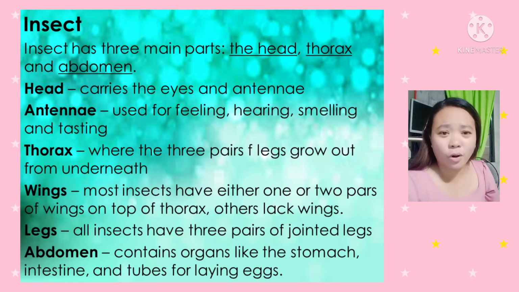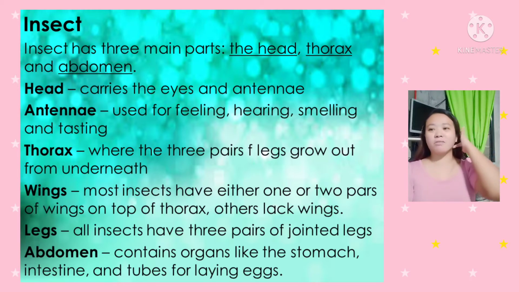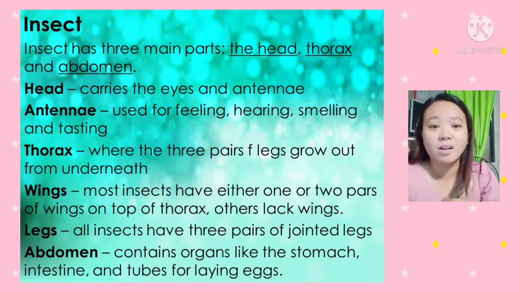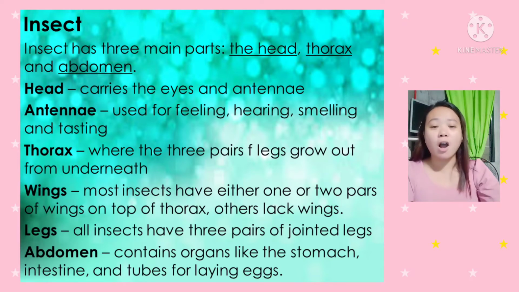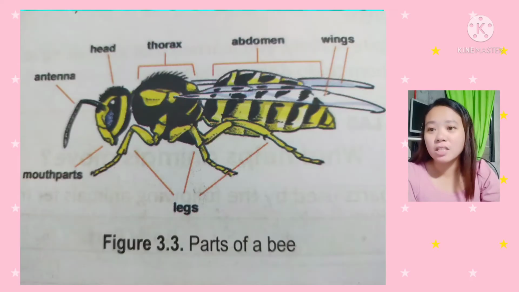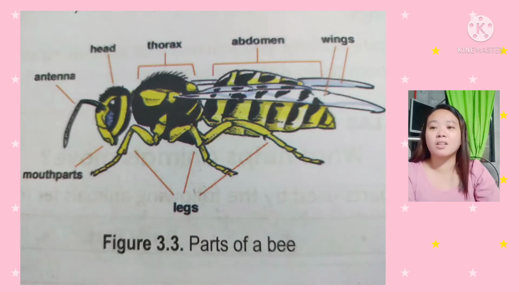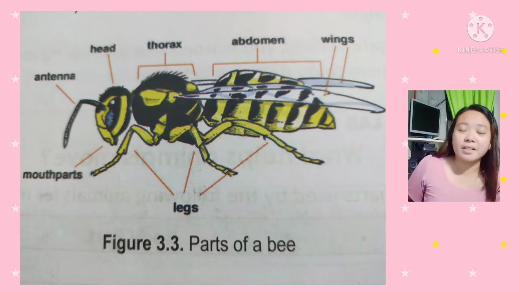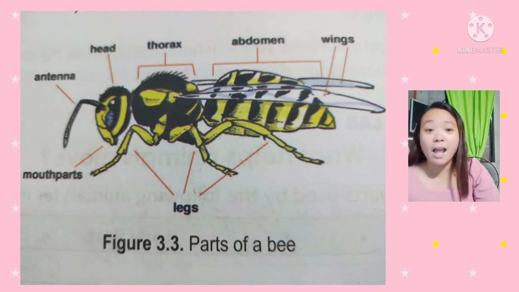What about the thorax? What is the work of the thorax? The thorax is where the three pairs of legs grow out from underneath. So this is the thorax, and the three pairs of legs grow out from underneath the thorax.